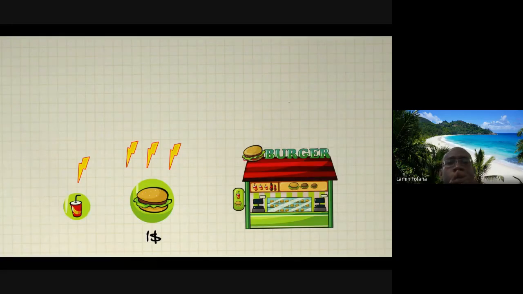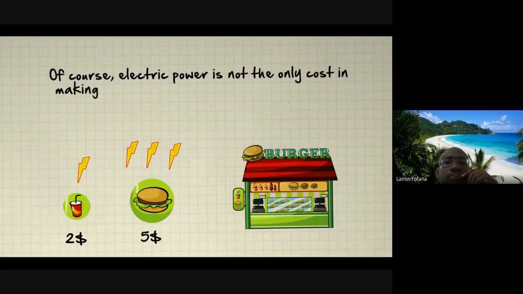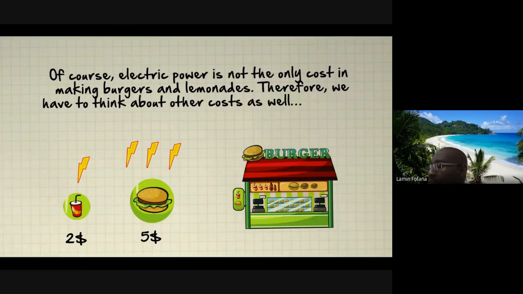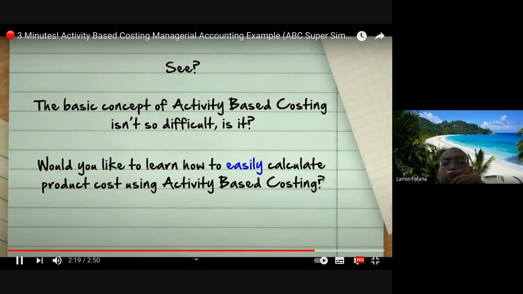As a result, this might cause us to sell our burgers at a higher price than the lemonades, and the lemonades at a lower price than the burgers. Of course, electric power is not the only cost in making burgers and lemonades. Therefore, we have to think about other costs as well before making our final pricing decisions. See, the basic concept of activity-based costing isn't so difficult, is it? Would you like to learn how to easily calculate product cost using activity-based costing?